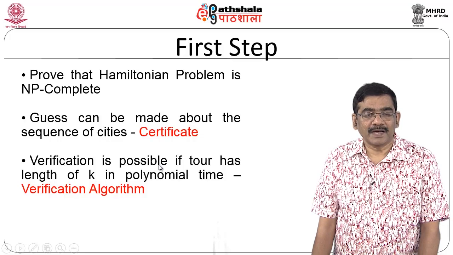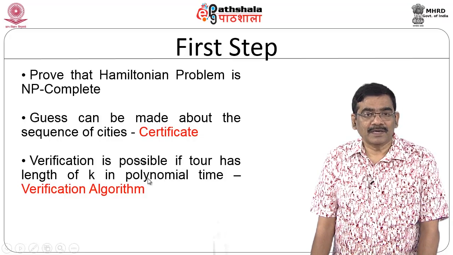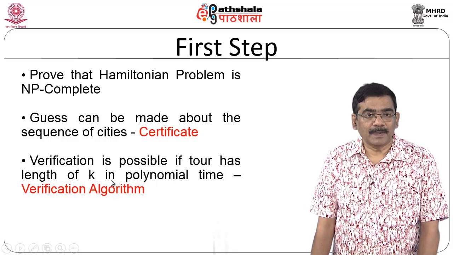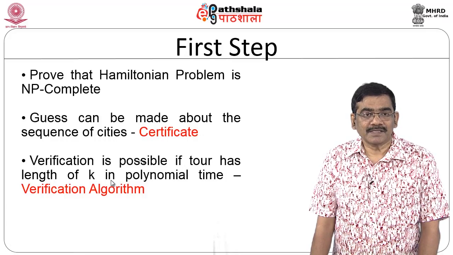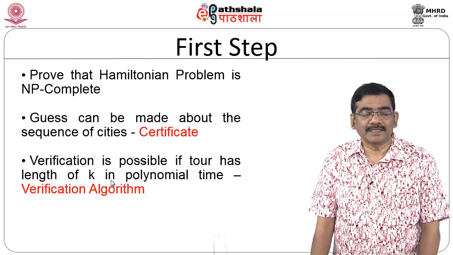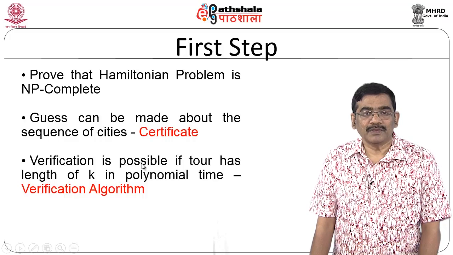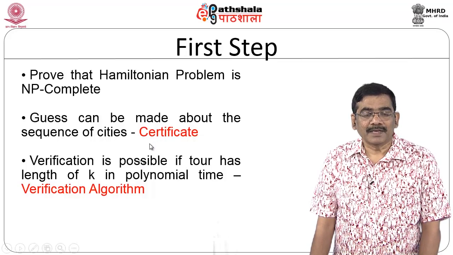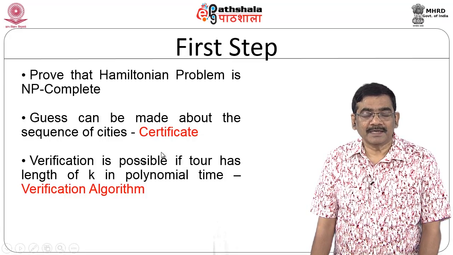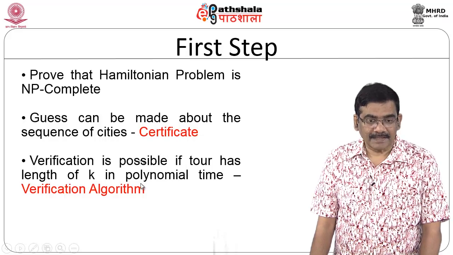And we check whether the tour has the length of k in polynomial time or not. This is called the verification algorithm. It is quite easy, given a sequence, to check whether it is possible or not. Therefore, the verification algorithm also exists. So, the first step is proving that the traveling salesman problem is NP hard, because we can say that it is tough, and it is NP complete because it has got a certificate as well as the verification algorithm.